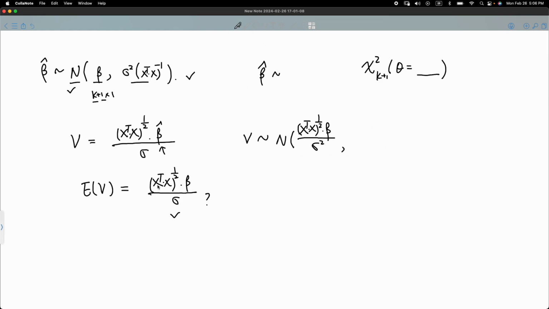One way is to plug in this term, and the part that I'm marking here is considered a constant. You can move it outside the expectation, and the problem reduces to finding the expectation of beta hat. Essentially it's just this coefficient multiplied by the true beta value.